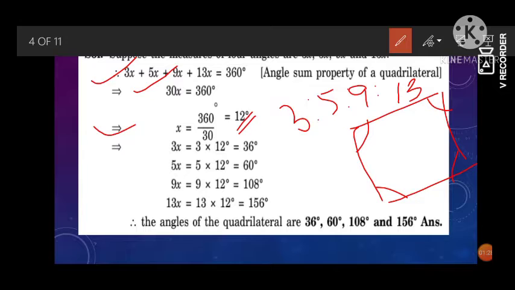Now we will find the individual angles of this quadrilateral. 3x is 36, 5x is 60, 9x is 108, 13x is 156. The angles in the quadrilateral are 36, 60, 108 and 156 degrees.